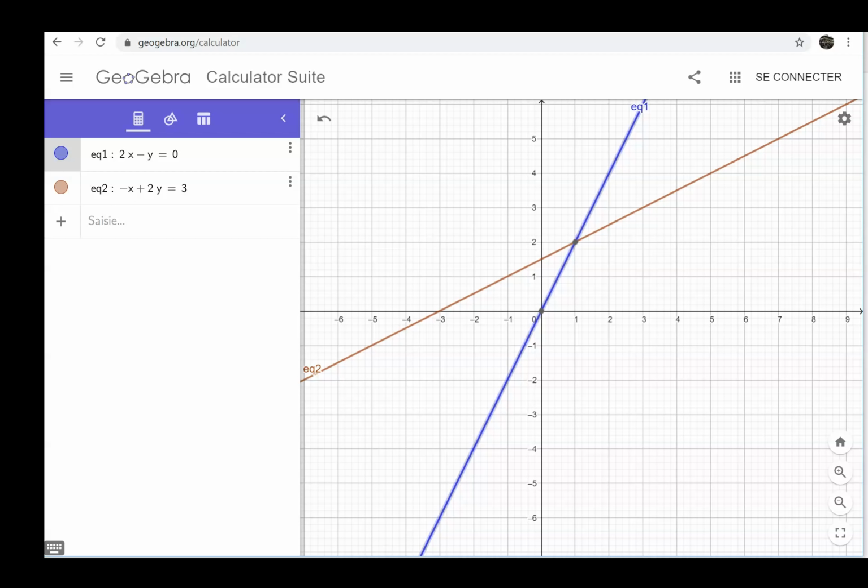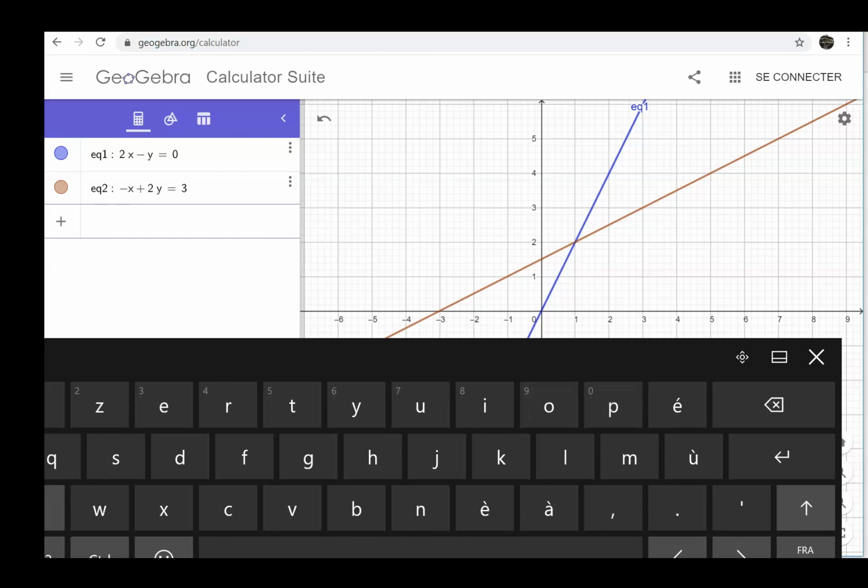Okay, so you clearly see that there are going to be some different possibilities. Either your two lines are intersecting, like these two, the blue and red one. Or let's maybe take another one.